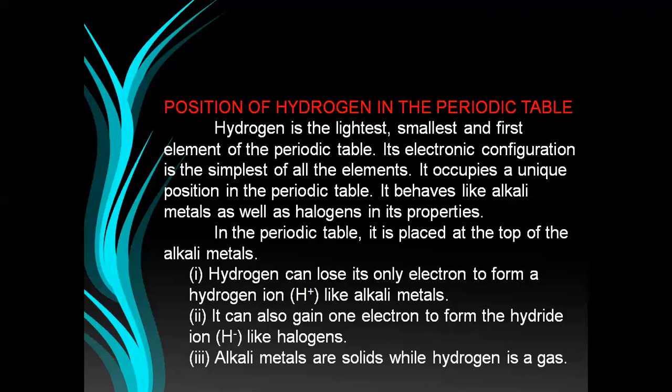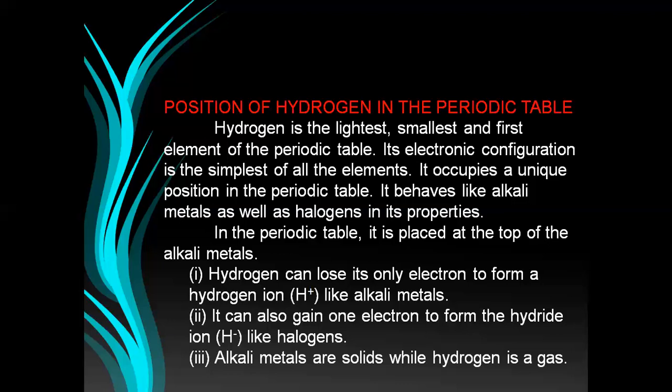How does it behave like halogens and alkali metals? If the hydrogen element loses one electron to form a hydrogen ion, it is like an alkali metal. But if the hydrogen element gains one electron to form a hydride ion, this is like a halogen.